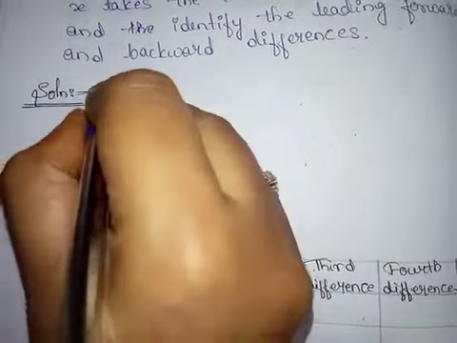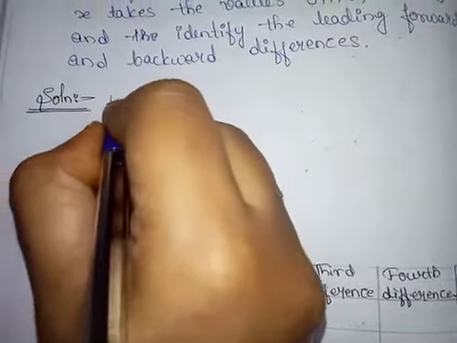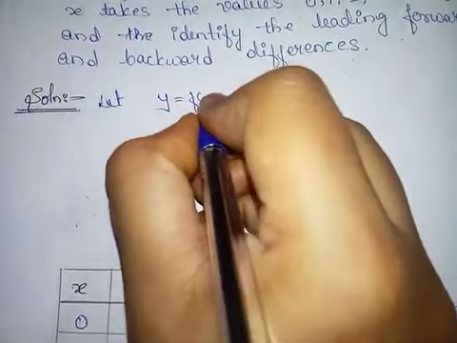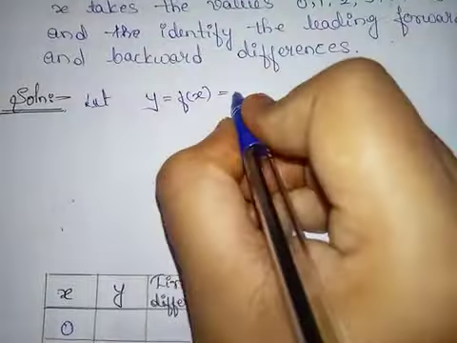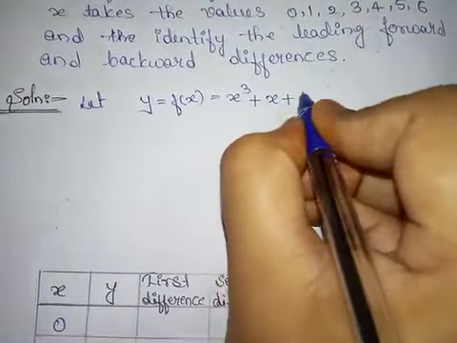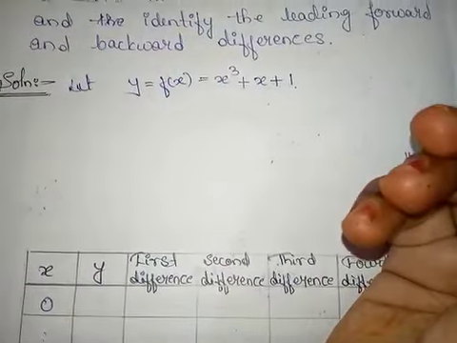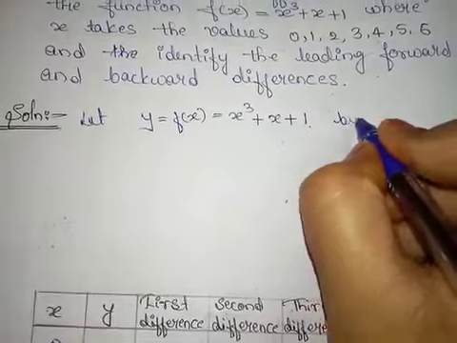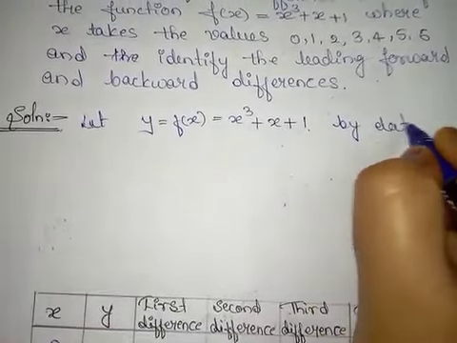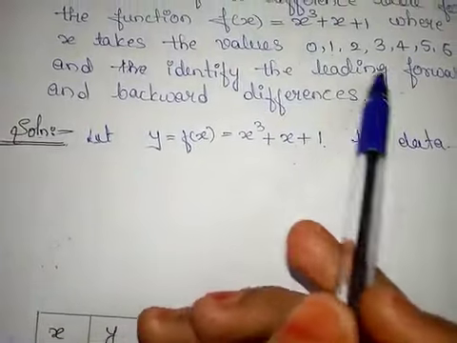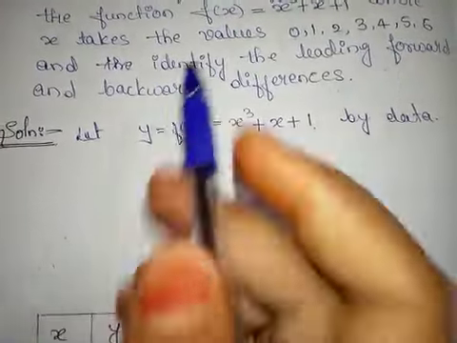Solution. Let y is equal to f of x is equal to, the given function is x cube plus x plus 1. By data, substitute the set of values of x here.